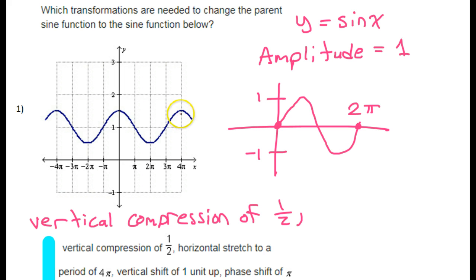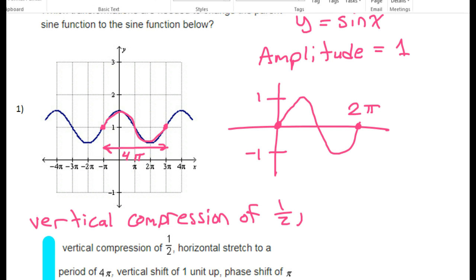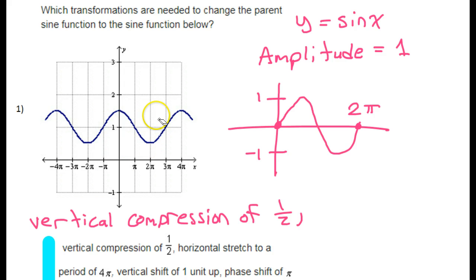Well, this would be one cycle of this sine function, and I can tell that it goes from -pi to 3 pi, so that's a total of 4 pi.